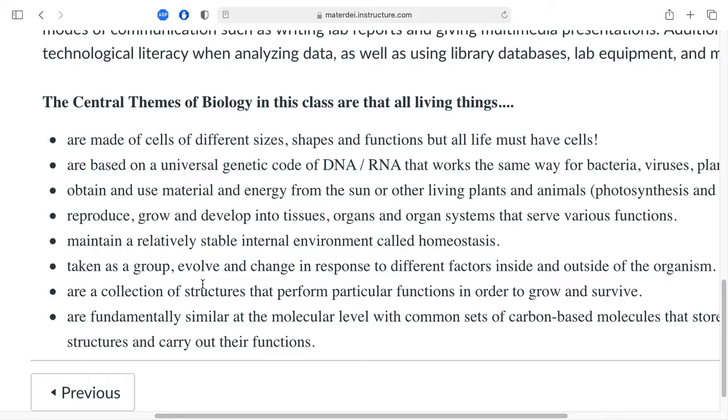And then we're also going to spend time talking about ecology, how animals and plants are interacting in the environment. So they have to do well in competition with others, but they also have to do well inside of themselves, creating a stable internal environment.